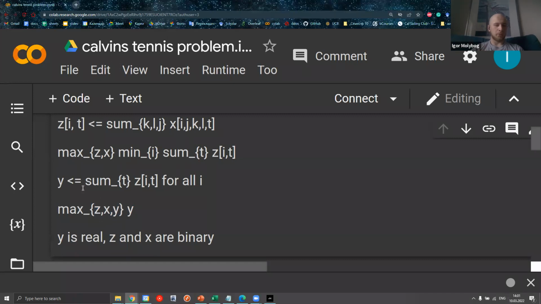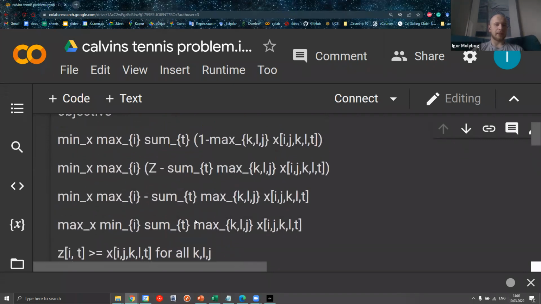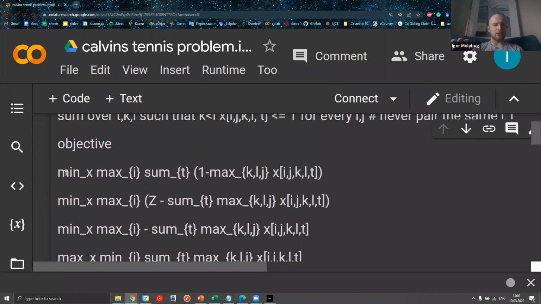We add another variable y that is less than or equal to the summation over t of z_it for all i. So it's also a vector variable, y is real, and z and x are binary variables. So the logical line basically ends here when we have constructed the objective.